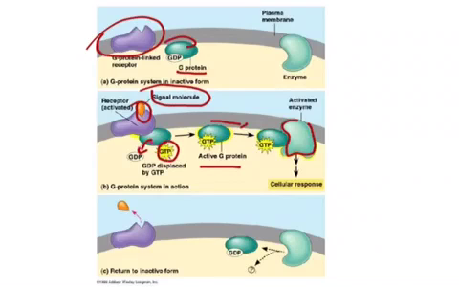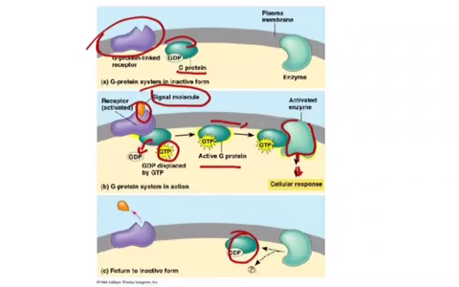This in turn then brings about a signal cascade, which ultimately leads to interaction with the nucleus and some kind of response through protein synthesis. After this process, the GTP is lost or used up, and GDP again binds to the G protein and inactivates it.